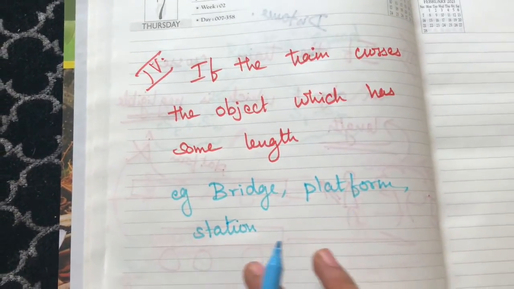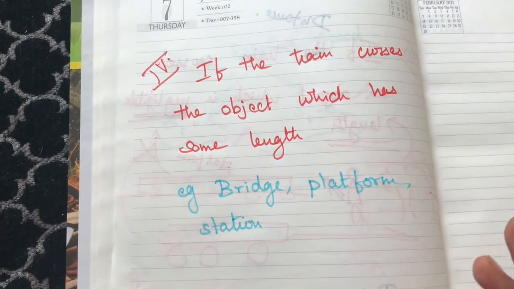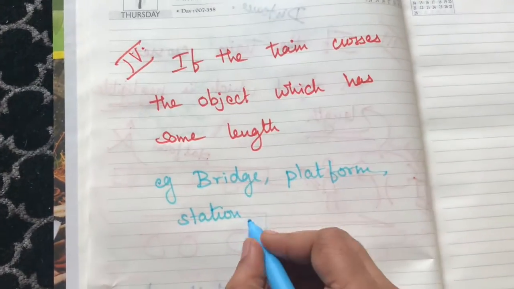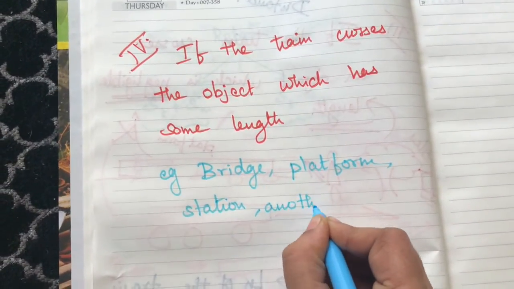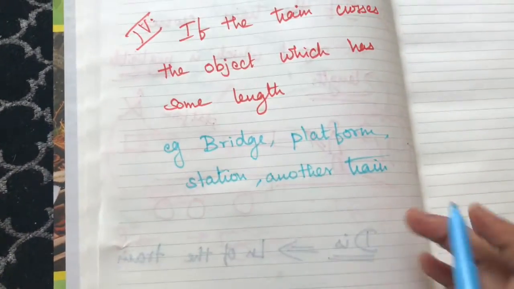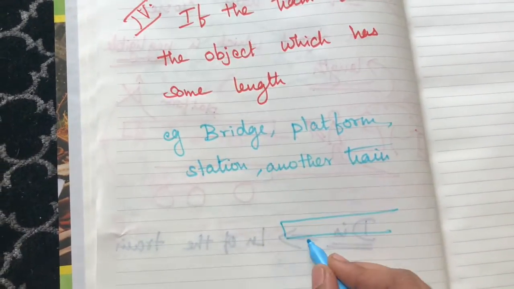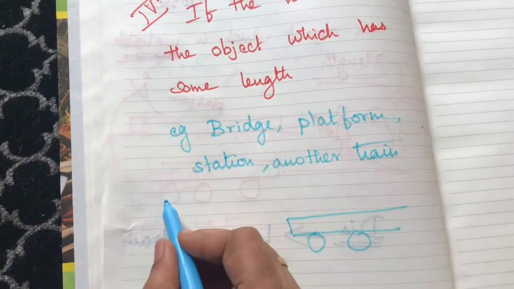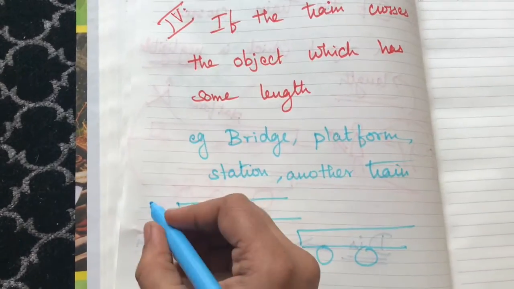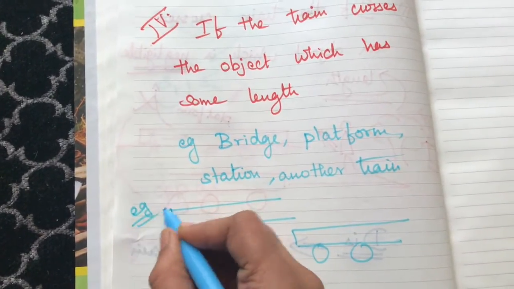These are the things which have a distance. Like another train, yes, another train also has some length. So a train crosses another train. So these are some examples.